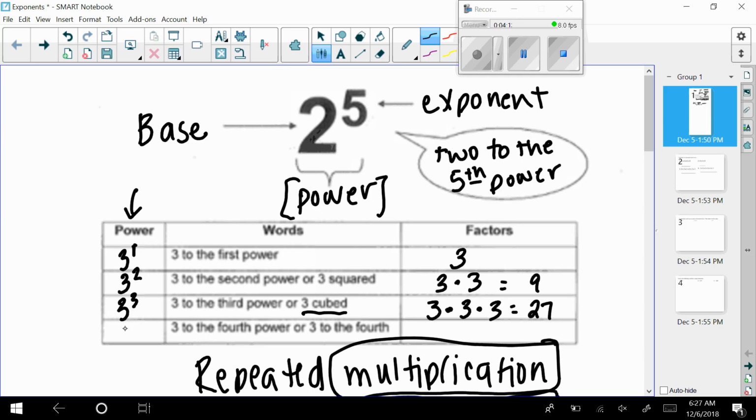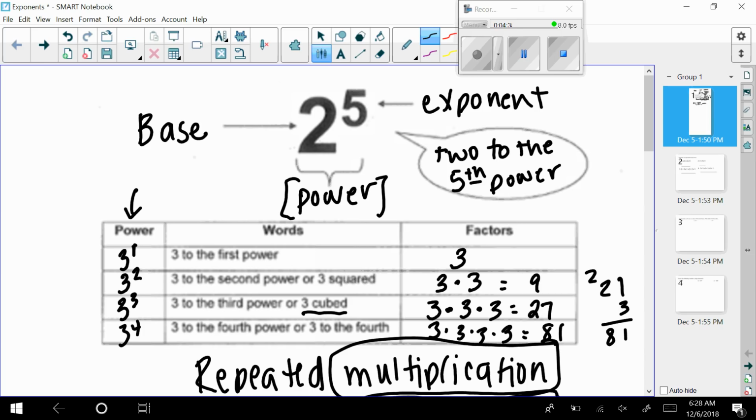Okay? And then the last example here is going to be 3 to the 4th power. And so that's going to look like 3 times 3 times 3 times 3. Well, we know that 3 to the 3rd power is 27, so 3 times 3 is 9, 9 times 3 is 27, and then 27 times 3 is going to be 81.